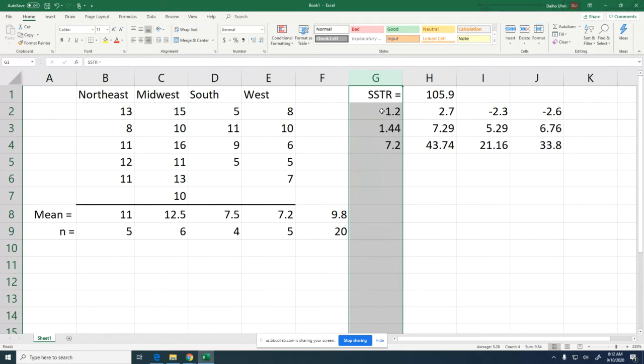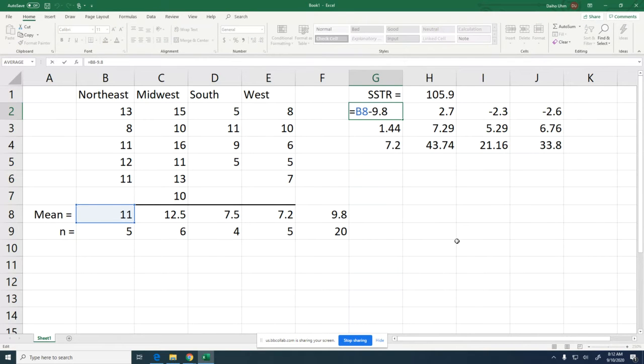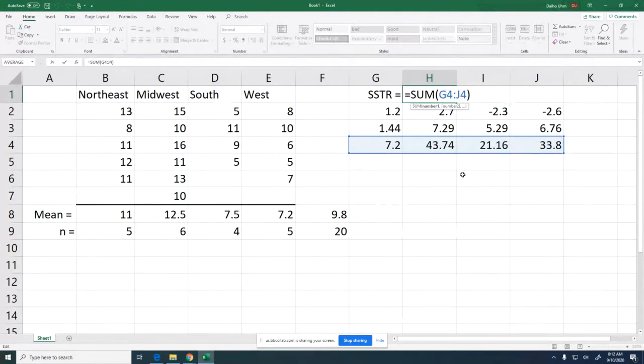What did I do? Take the difference, xi bar minus 9.8, where 9.8 is the overall mean. Then take the square, then times the sample size, and then take the sum.